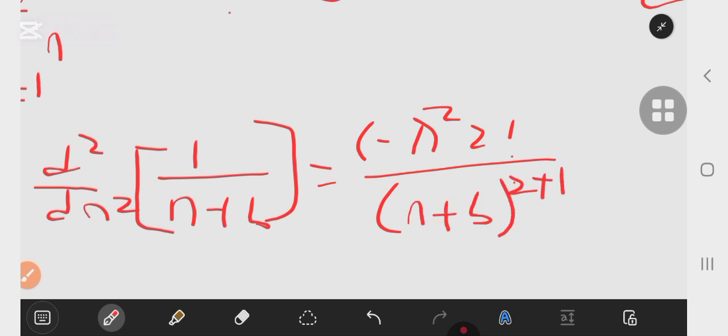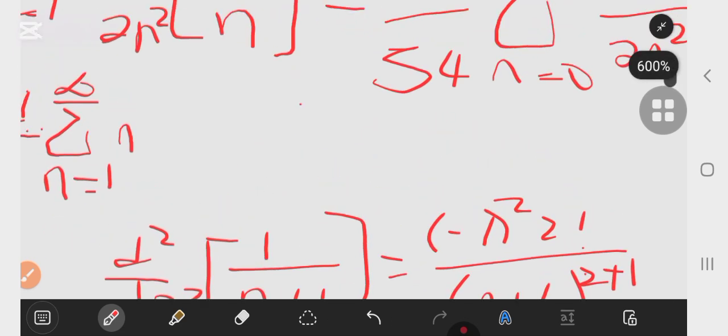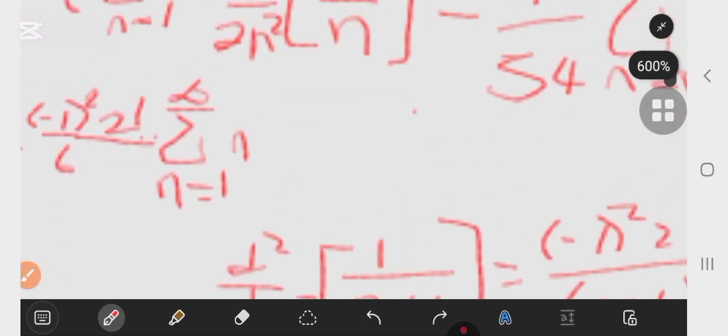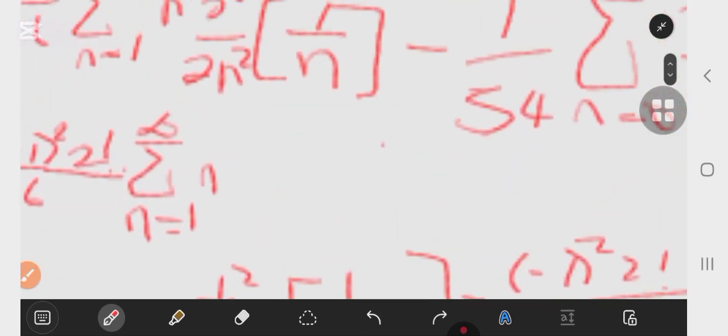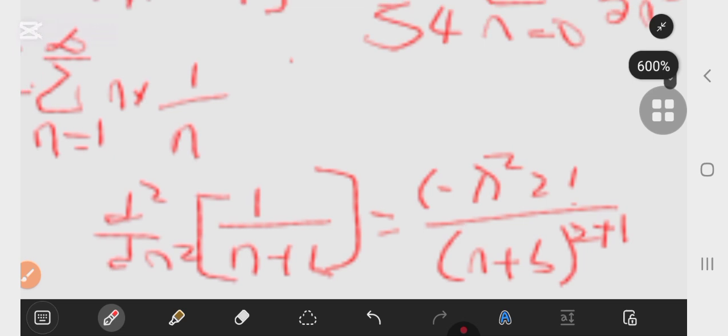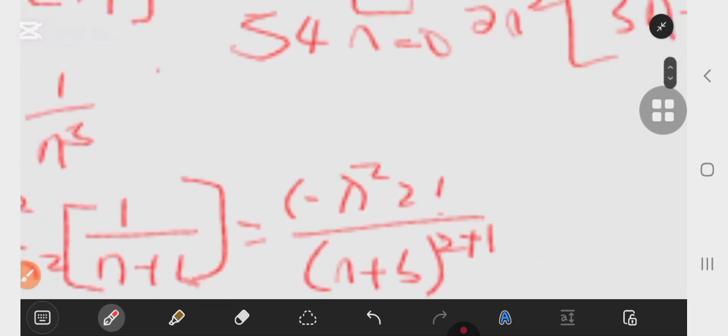Now, in my case here, b is 0 because nothing is added to n, so I'll just write times 1 over n to the power of what is 2 plus 1? 3, so cube.